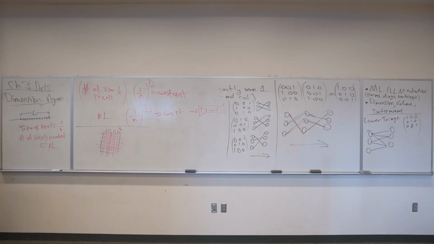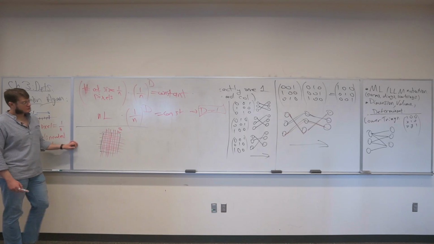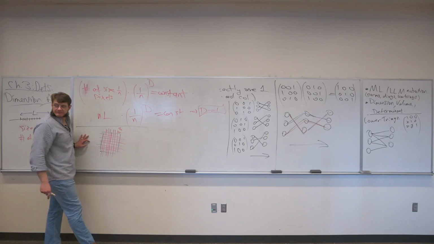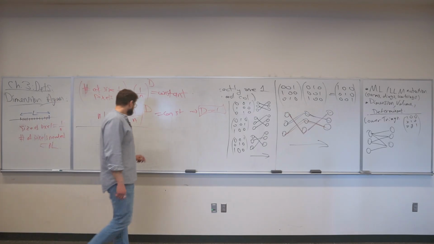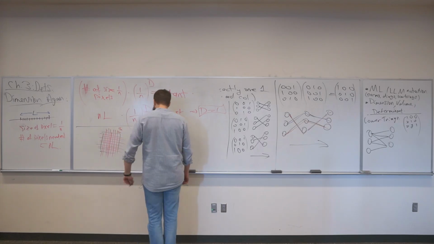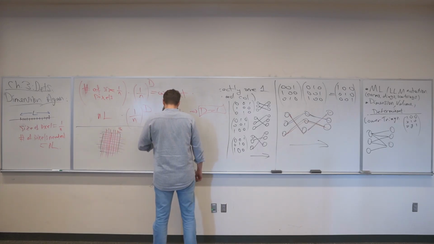Number of pixels. If I had one of these boxes, 1 over n, if I had n, I would just cover this part. N by n. N squared. Okay. So the number of pixels this time should be n squared, times 1 over n to the d.